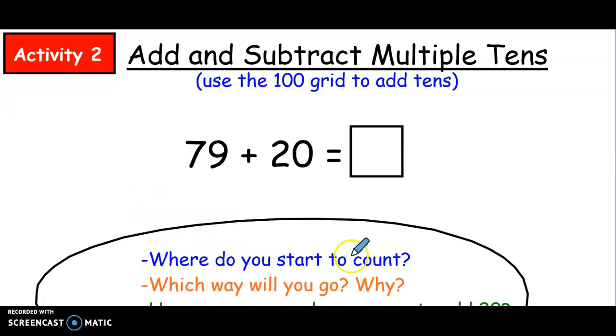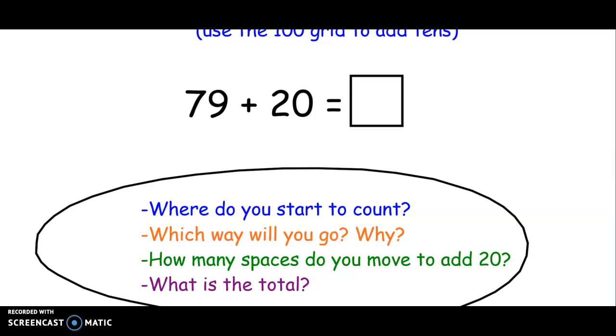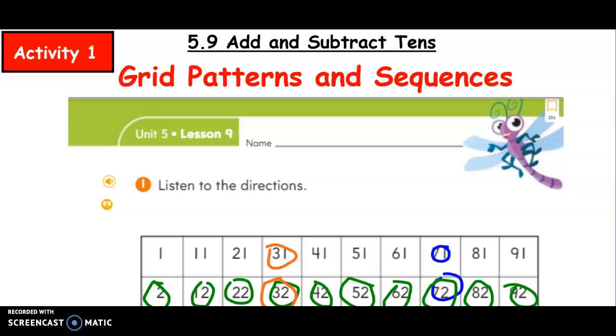It says, where do you start? We want to start at 79 because we're going to use the multiples of 10, these decade numbers, to add on. We have to ask ourselves, which way will we go and why? How many spaces do we move to add 20? And finally, what is our total? So let's go back and find 79.